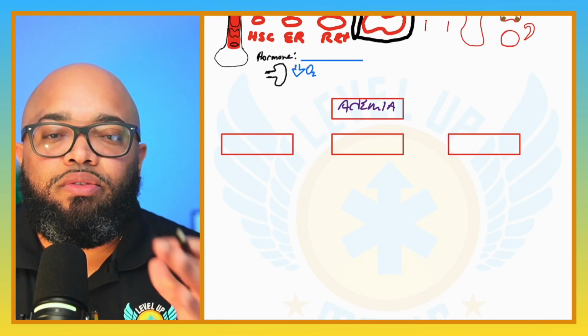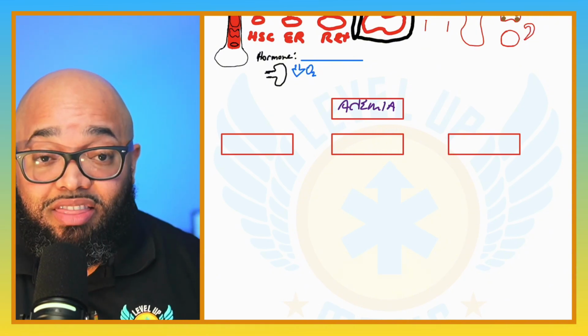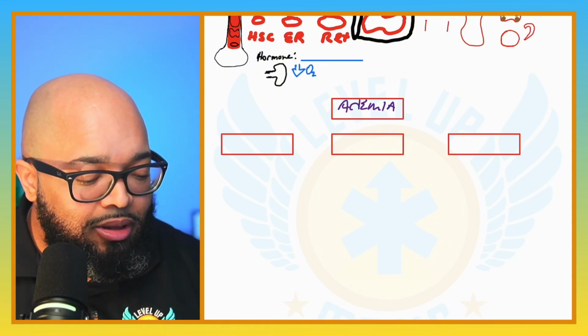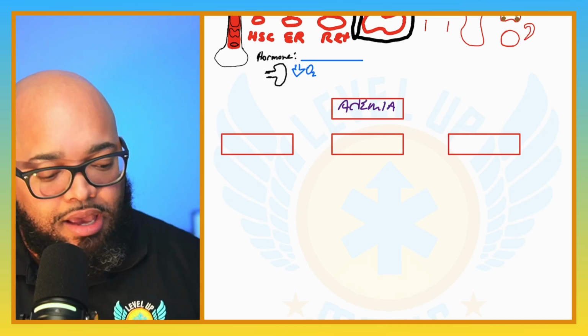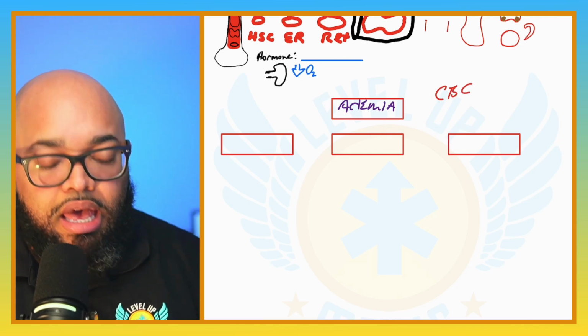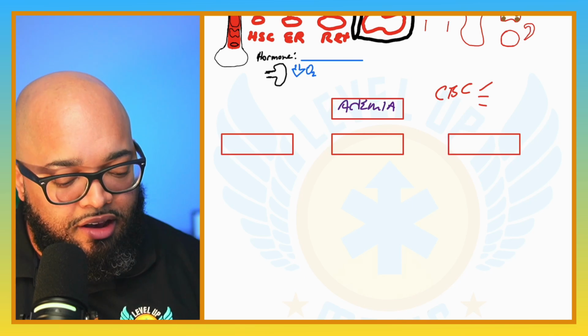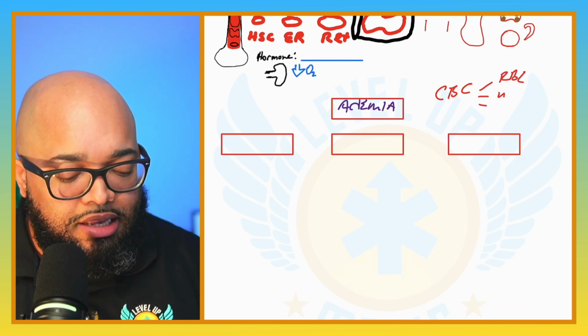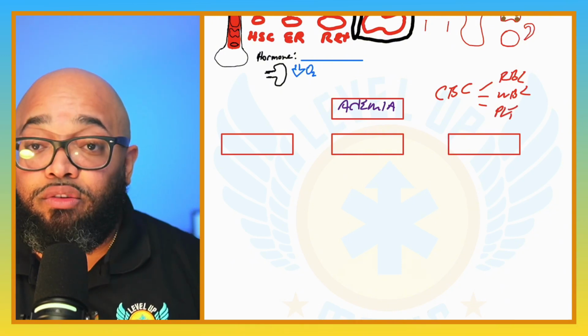One way to figure out what kind of anemia they have is by looking at the blood levels. So for instance, when you do a CBC, a complete blood count. The CBC is going to tell you counts of, for instance, the red blood cells, the white blood cells, the platelet count and so forth, right?